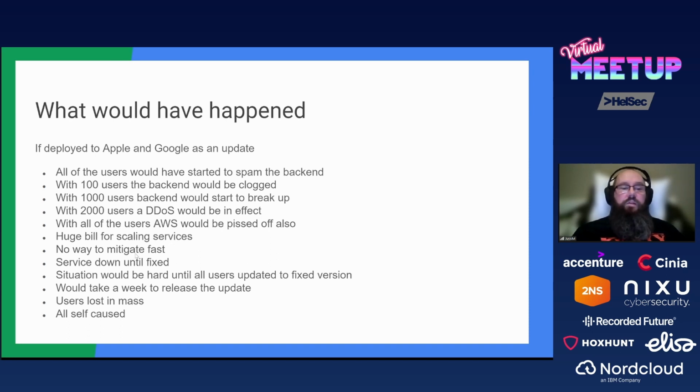At the time, we had no way to mitigate these kinds of events fast. So of course, after taking lessons learned, we came up with mitigation methods for events like these and improved the testing procedures even further. And if this would have happened, the service would be down until fixed.